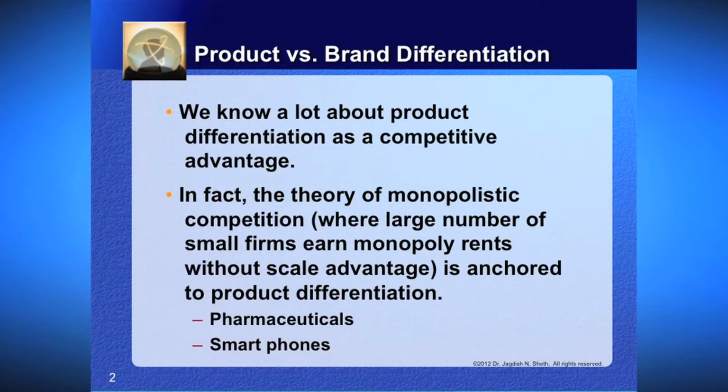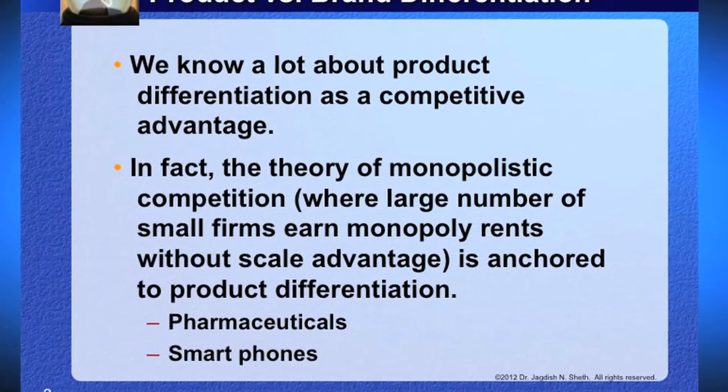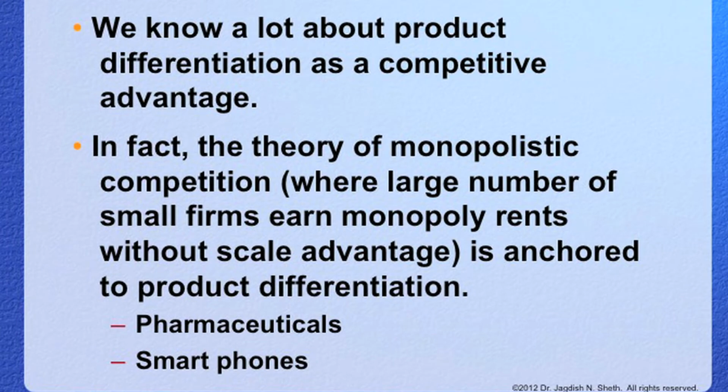First slide talks about product versus brand differentiation. We know a lot about product differentiation as a competitive advantage. In fact, we have a whole theory of monopolistic competition that was created around the concept of differentiation, and primarily it was product differentiation.